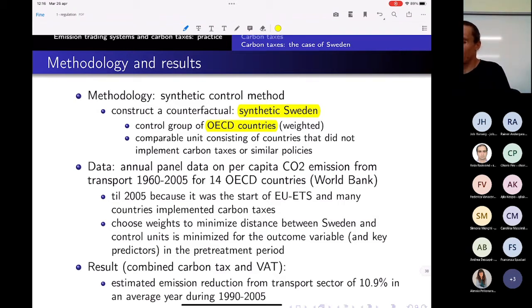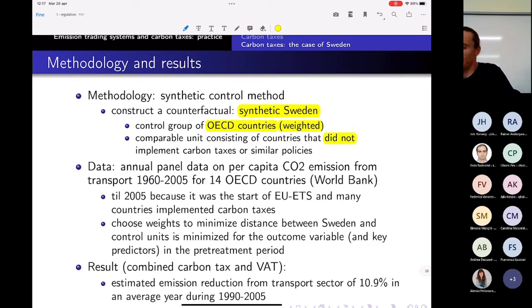The authors create this synthetic group by taking OECD countries in a weighted way, putting weights on different countries such that the distance from Sweden before the treatment is lowest. Clearly, you want to take countries where such policies were not in place.